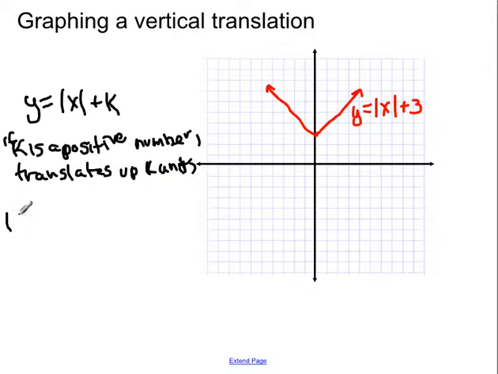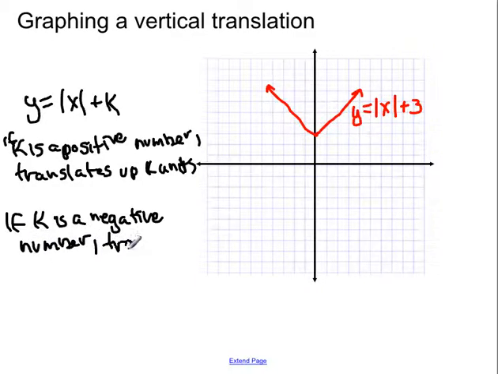Okay, so if k is a negative number, then it translates down k units. Okay, so something like down here.